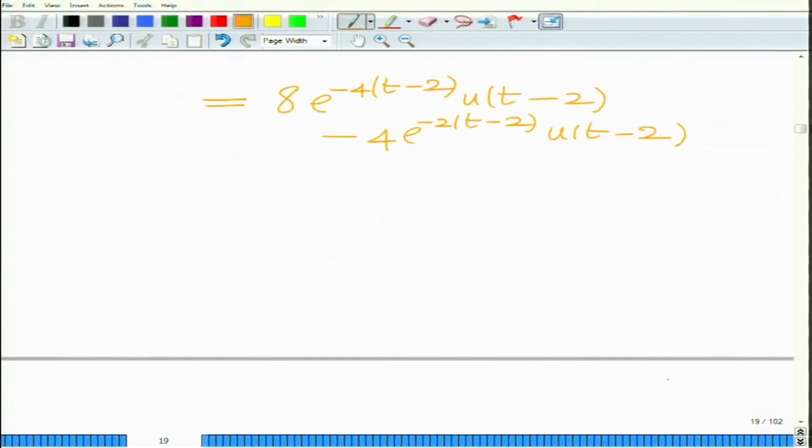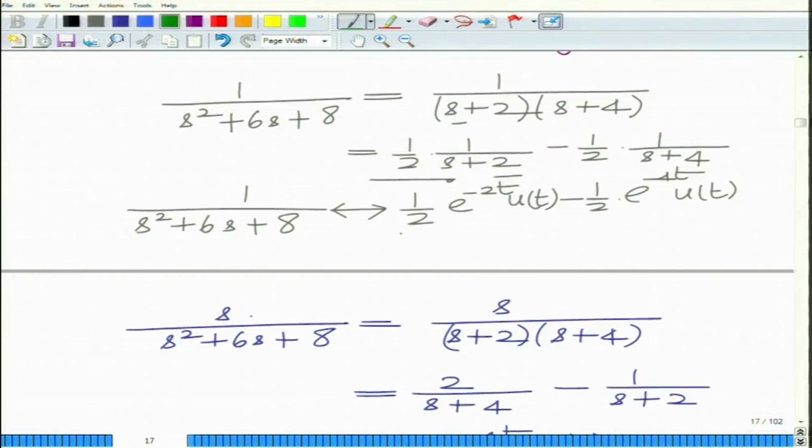Therefore, the final inverse Laplace transform corresponding to the original signal is obtained by putting these two things together. Let us call this result number 2, and the original one result 1.